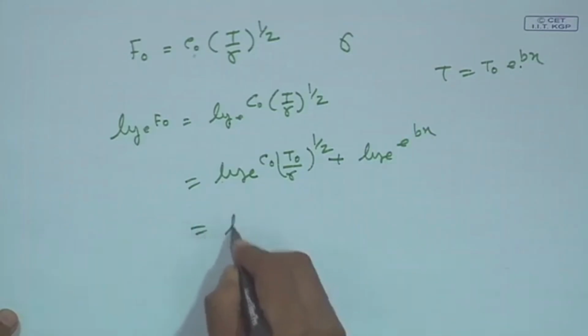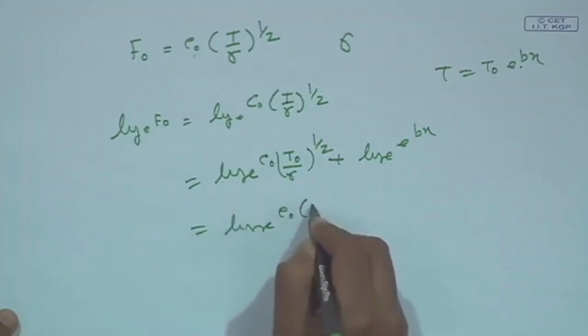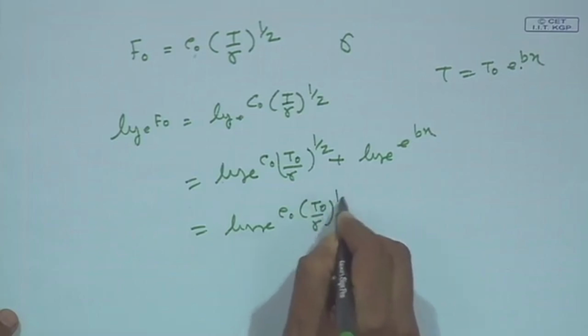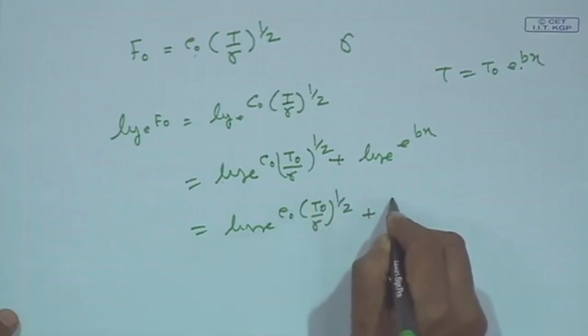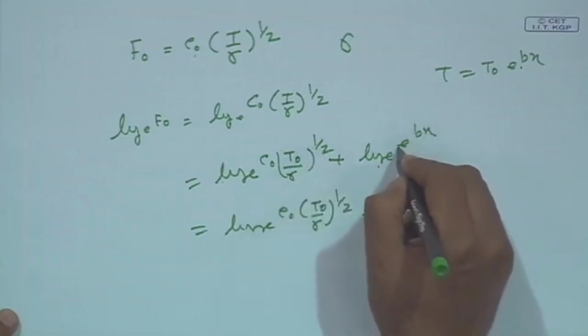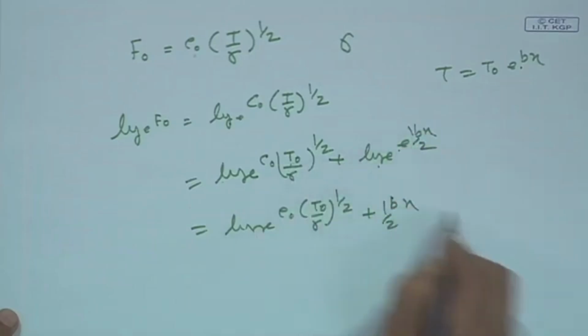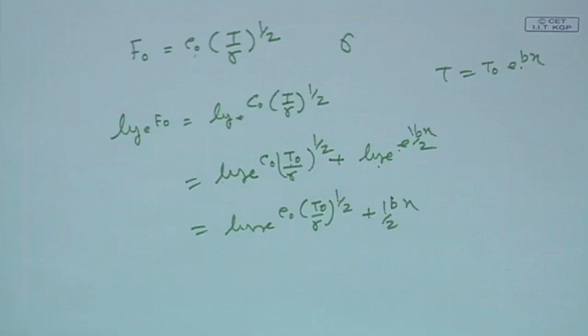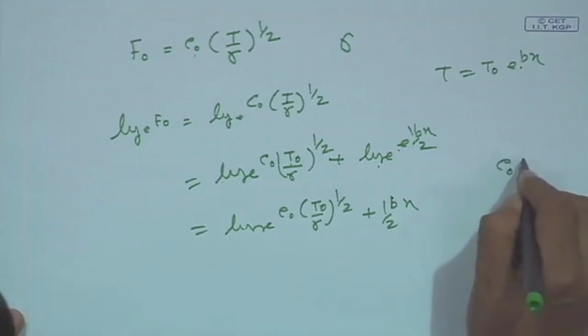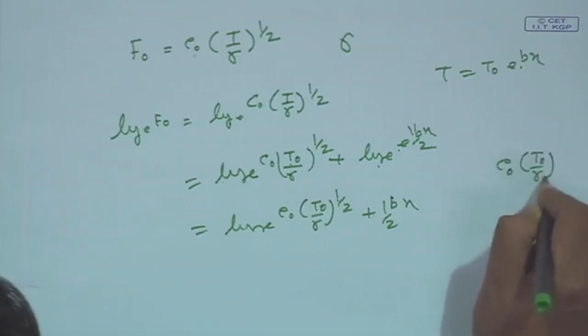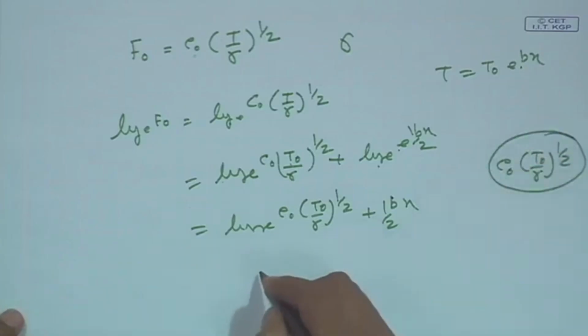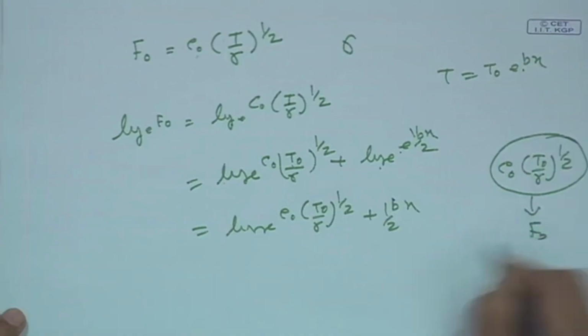So, log e of (C0 T0 by sigma) to the power half plus log e of bx, and since the power half applies, it will be half of bx. Now, C0 T0 by sigma to the power half is nothing but a constant, which I define as FB.